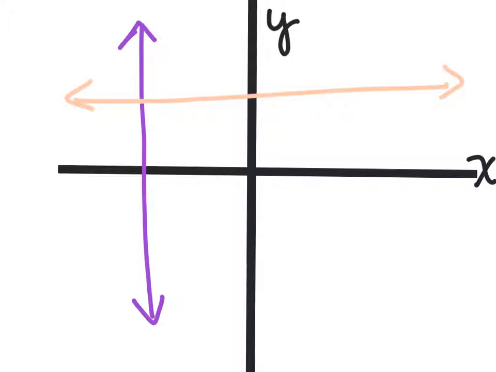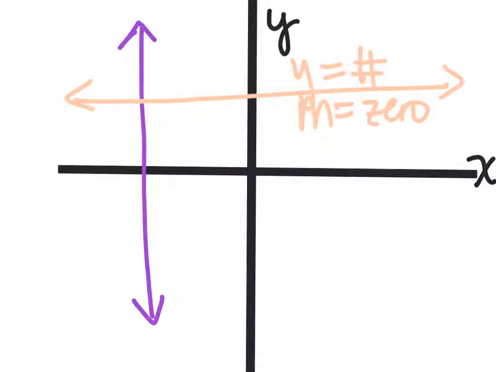And the last thing you need to remember is that if you have any line that's vertical or horizontal, it doesn't necessarily have to be two of them. If it's a horizontal line, the slope is 0. The equation of that line is always in the form y equals some number, because it crosses the y-axis at whatever that number is right there.